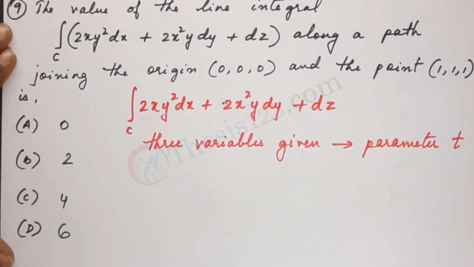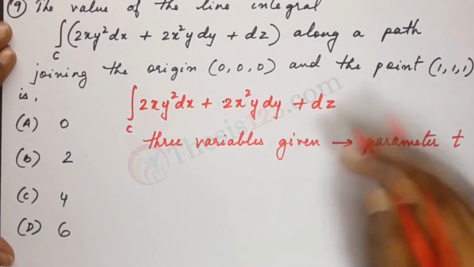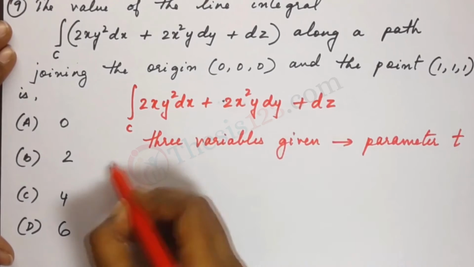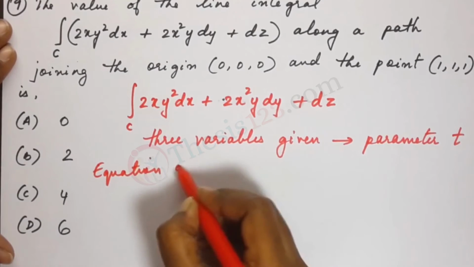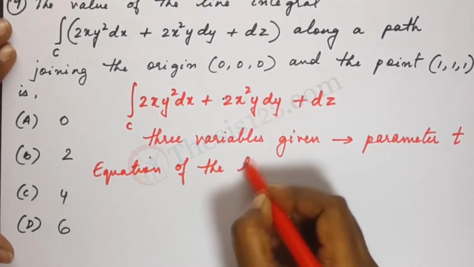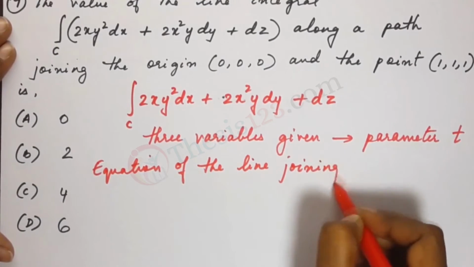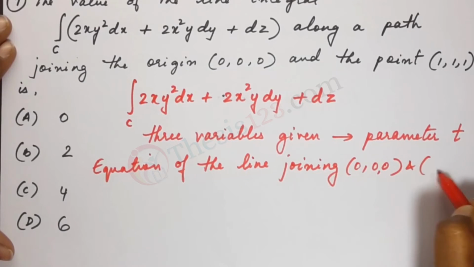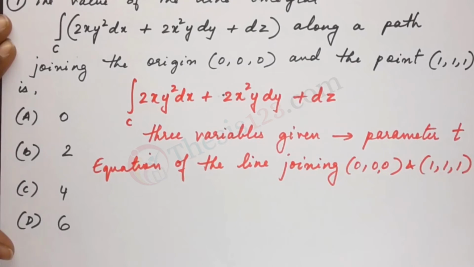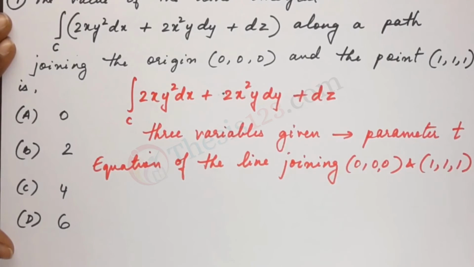So we start by finding out the equation of the line joining the origin and the given point, joining (0, 0, 0) and (1, 1, 1). Okay, so recall, you should be quite familiar with this already.